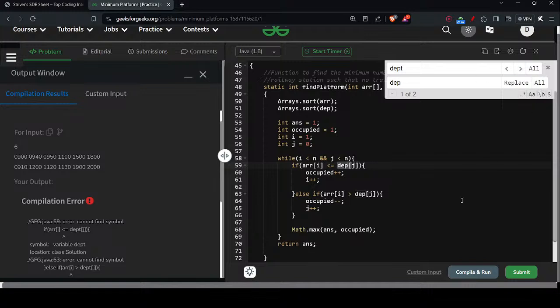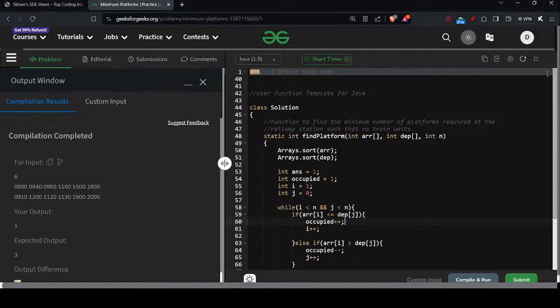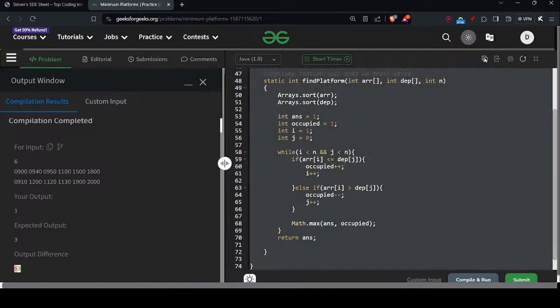Replace all. What's the problem? Occupied minus minus, plus plus is all correct. Let me ask ChatGPT.